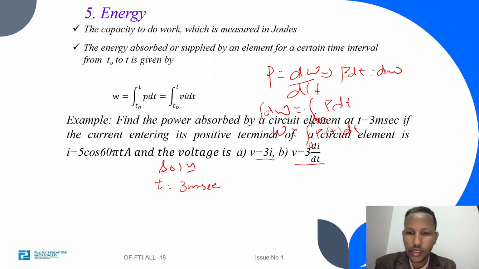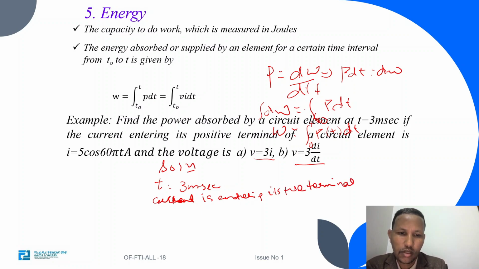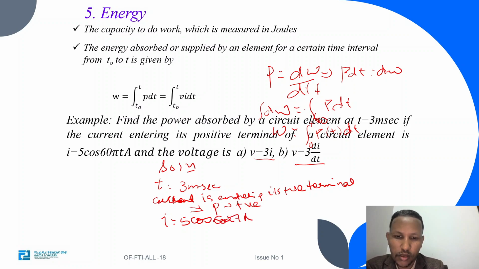The current is entering its positive terminal, which means that power is positive. And we are given that i equals 5 cos 60 pi t amperes.